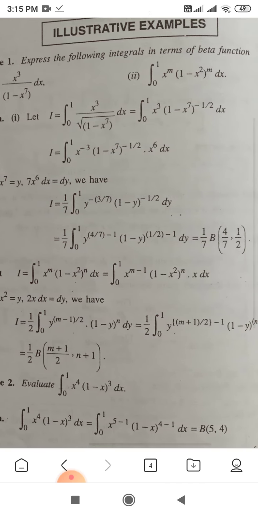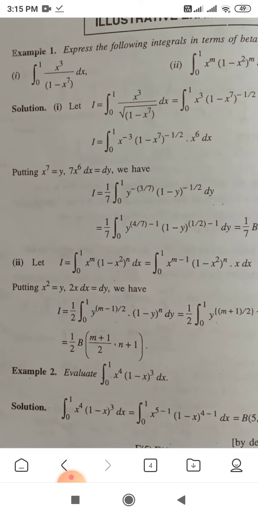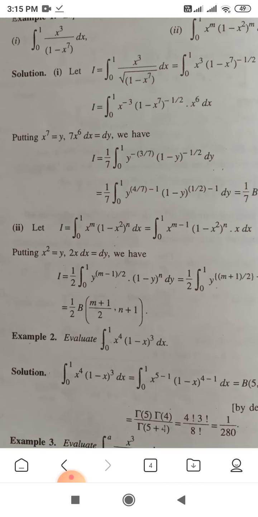Next problem is 0 to 1 x to the power m, 1 minus x square to the power n dx. Our objective is to convert this expression so that we are able to compare it with the beta mn function. Beta mn is equal to 0 to 1 x to the power m minus 1, 1 minus x to the power n minus 1 dx. Putting x to the power 2 is equal to y, then 2x dx is equal to dy.